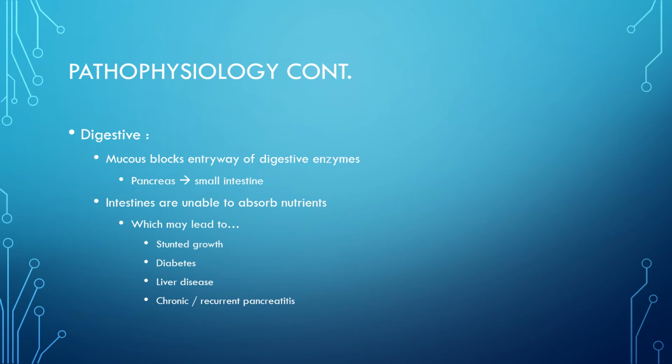Due to this blockage, the digestive enzymes are unable then to do their job, which leads to the malabsorption of essential nutrients. This may lead to problems such as stunted growth, diabetes, liver disease, and chronic or recurrent pancreatitis.